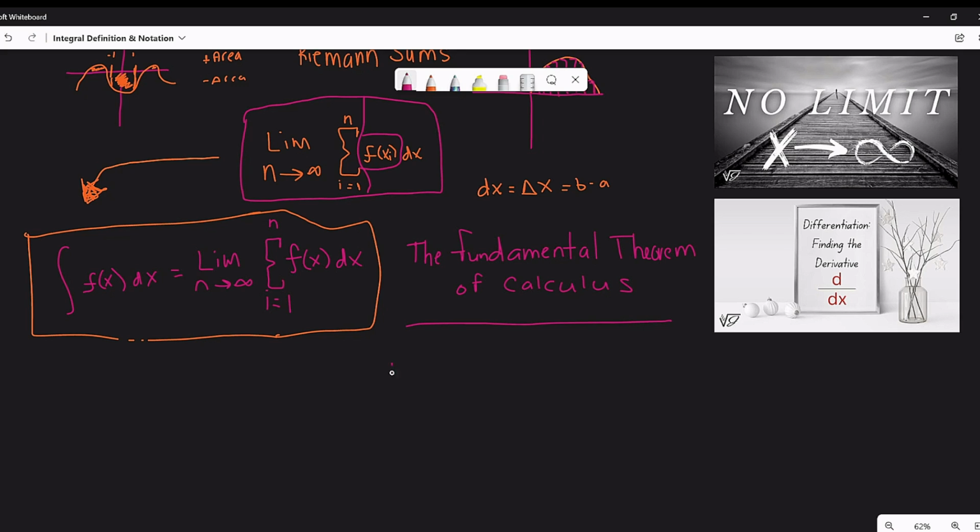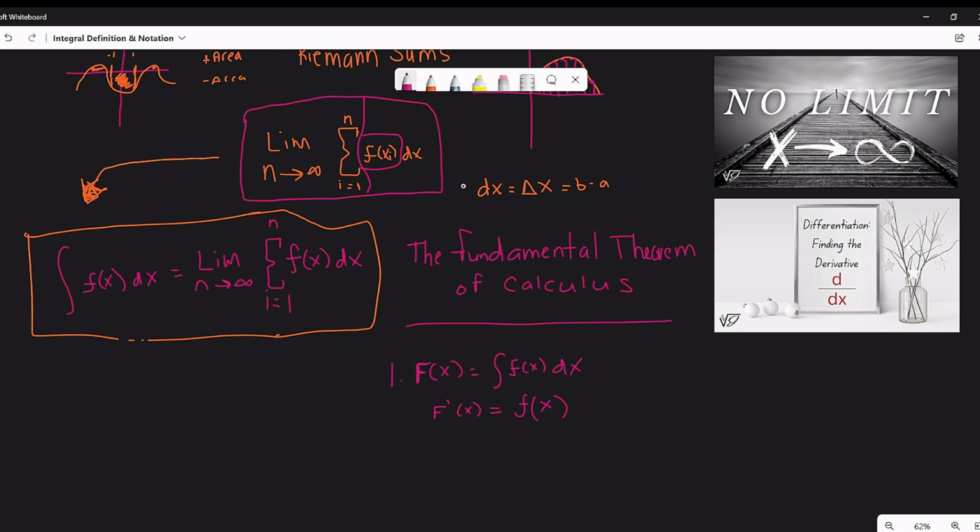Part 1 says that if we have an integral that is equal to capital F of x, this is a capital F of x, by the way, which is equal to our integral, f of x dx, then we could take the derivative of capital F of x, and we get our original function f of x.